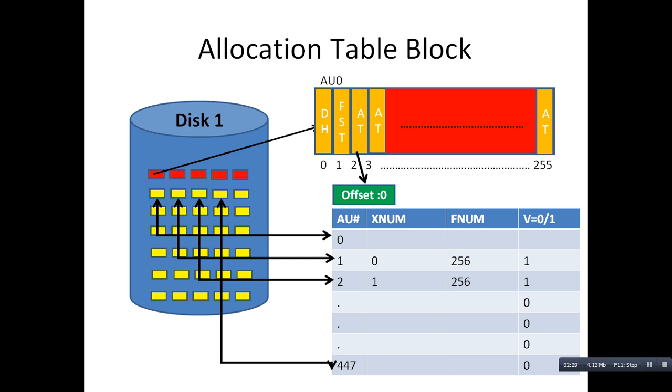Every allocation table entry has the extent number and the file number to which this allocation unit belongs, and the flag value v equal to 0 or 1. If the value is 1, this allocation unit is already allocated to a file. If the value is 0, this allocation unit is free, and it can be allocated to files in future.